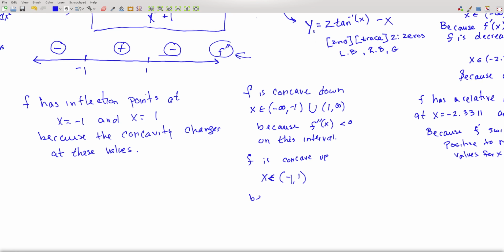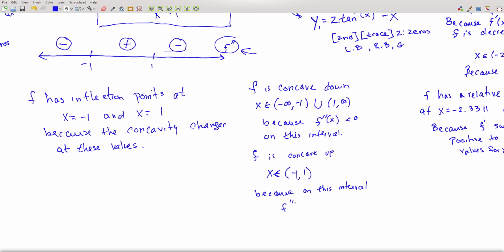And this is because on this interval the second derivative is greater than 0. That's very good. Alright, this is really pretty much everything that you were asked to do.